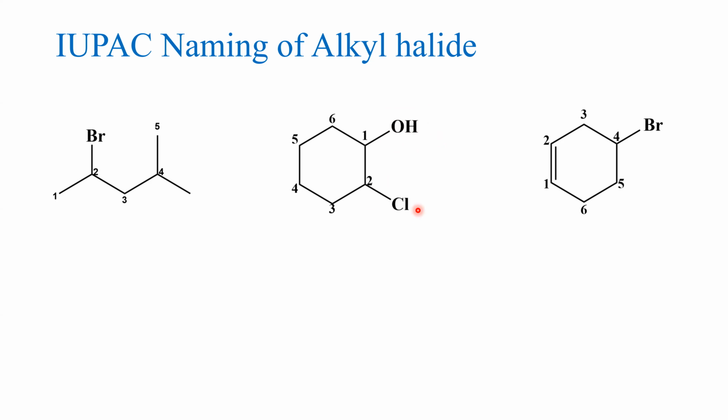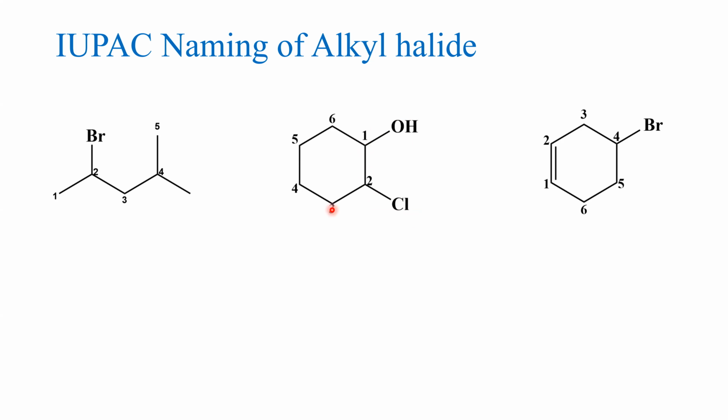Now, of course, if that is the major functionality, we will give the priority to the hydroxyl one, and we will start the numbering from the carbon which can be assigned the lowest number. I may think that I should start from this side, but of course that is the wrong approach, because this is the lower priority functional group as compared to the hydroxyl one.